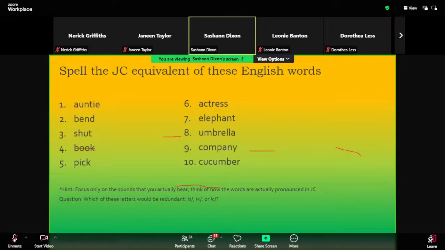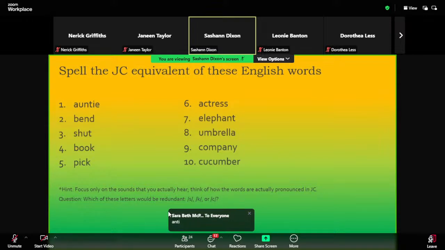The first word in Jamaican, and you realize that these are the English spellings. I'll give you the Jamaican pronunciation, and then we'll put the Jamaican spelling beside it and work through it. All right, number 1, auntie. That's the pronunciation you're looking for. Remember your short vowels. For number 2, ben.